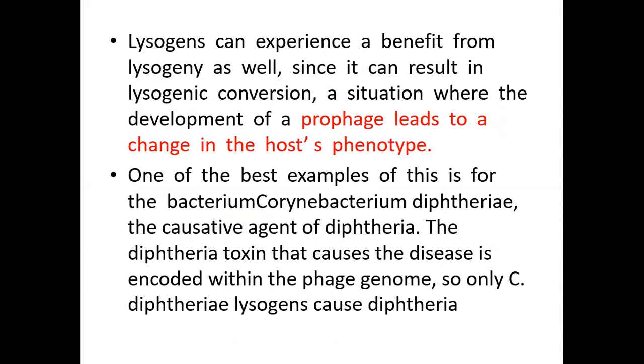The diphtheria toxin that causes the disease is encoded within the phage genome, so only Corynebacterium diphtheriae lysogens cause diphtheria. So a benefit of bacteriophages is that they can bring some genes from a donor bacterium to the recipient when they integrate into the recipient genome.